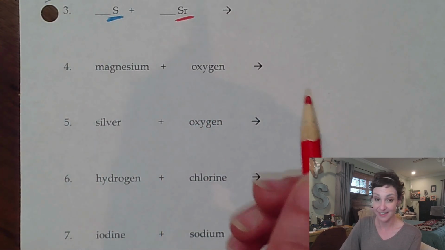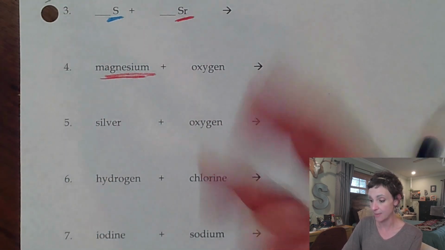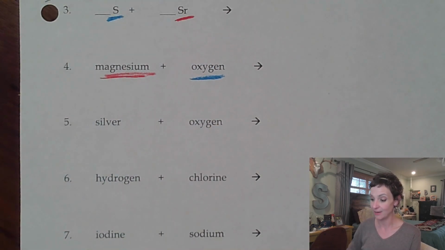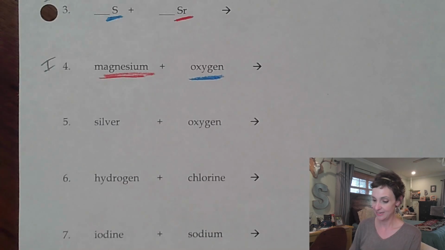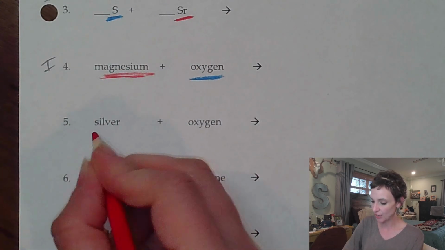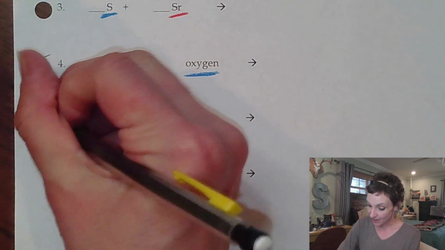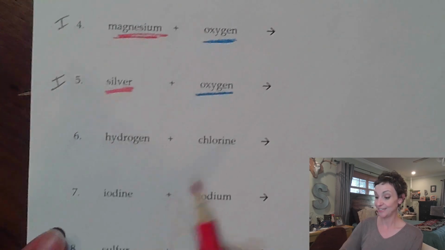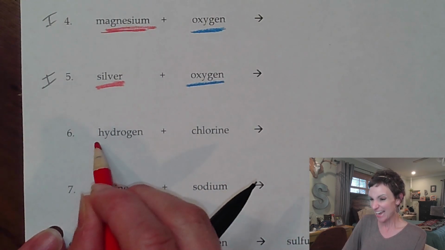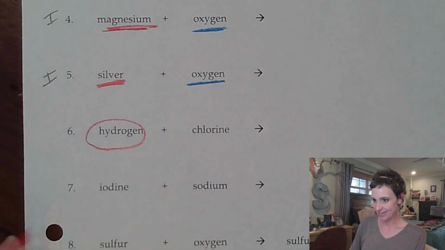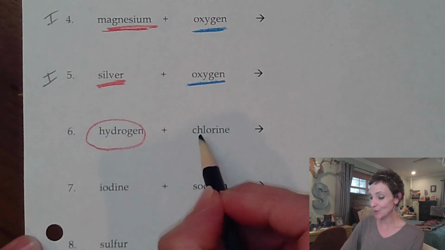Regardless, I can identify these as ionic or covalent. I got magnesium, a metal, oxygen, a non-metal, ionic. Next one, I got silver, a metal, oxygen, a non-metal, ionic. Oh, here's super fun. I got hydrogen and chlorine.